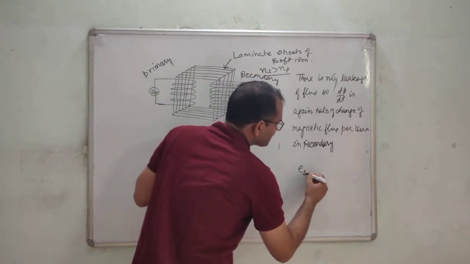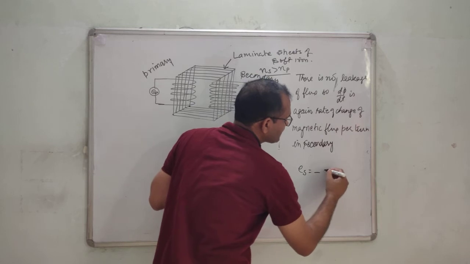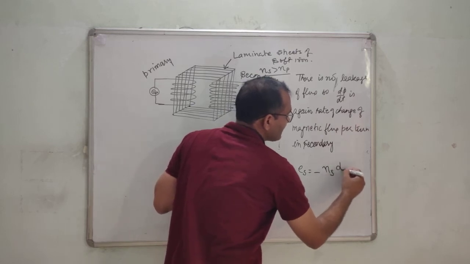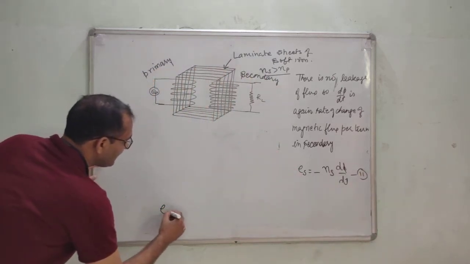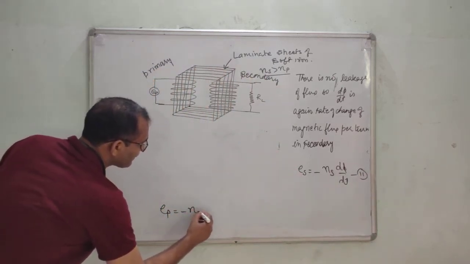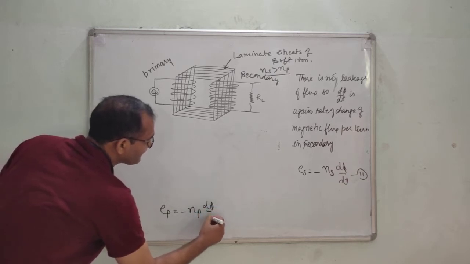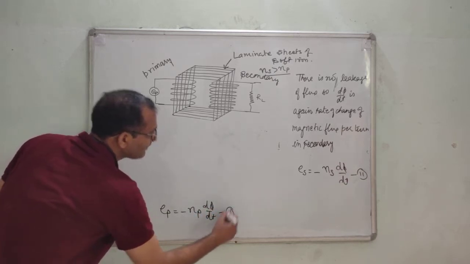Therefore, Es is equal to minus Ns dφ/dt. This is equation number two. The first was Ep equal to minus Np dφ/dt. This is equation number one.